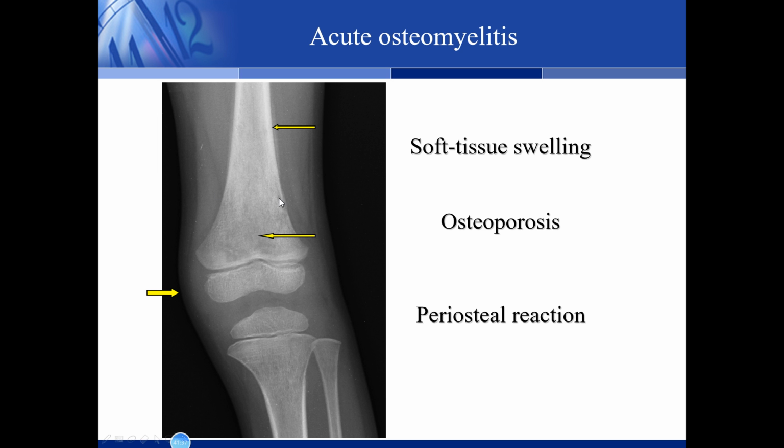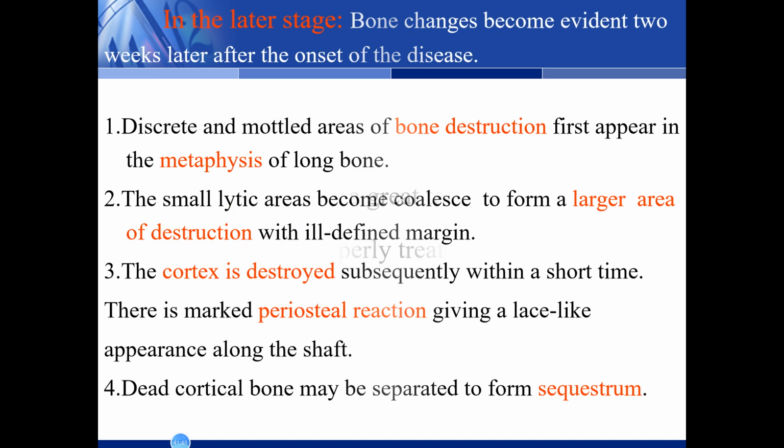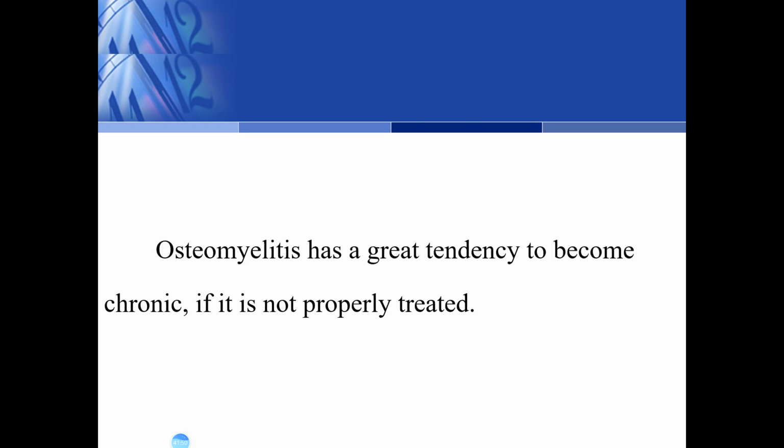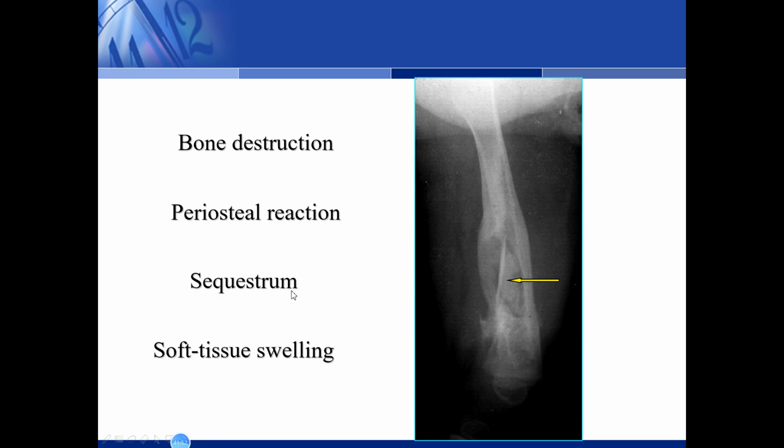Here is the small area of destruction that first appears in the bone. And when it becomes chronic, we can see here the bone destruction and periosteal reaction.